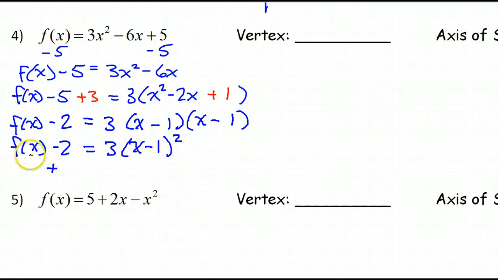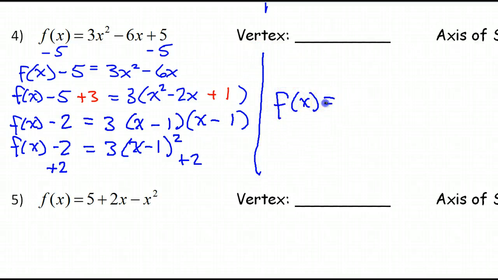Last step, got to get f of x by itself, so I will add 2 to both sides. So that is going to give me f of x equals 3 times x minus 1 squared plus 2.